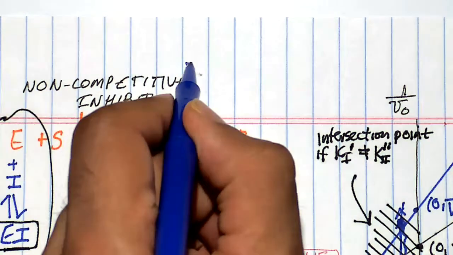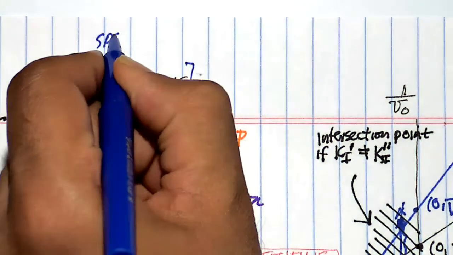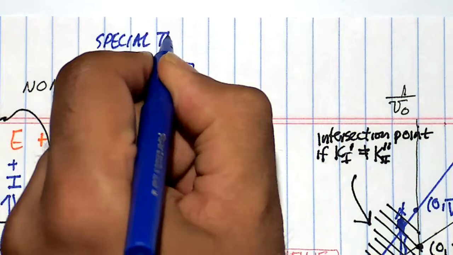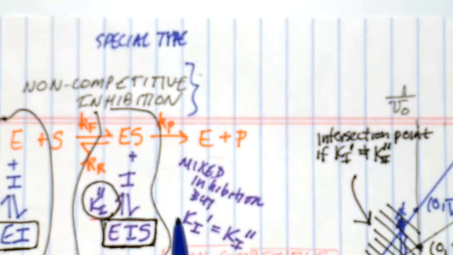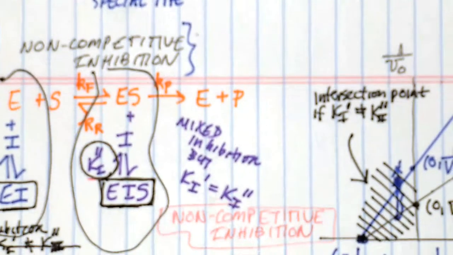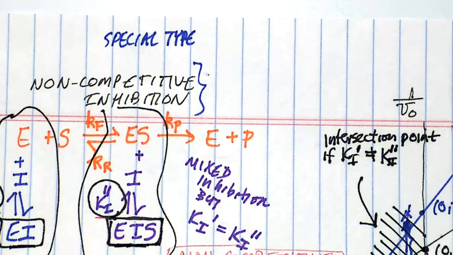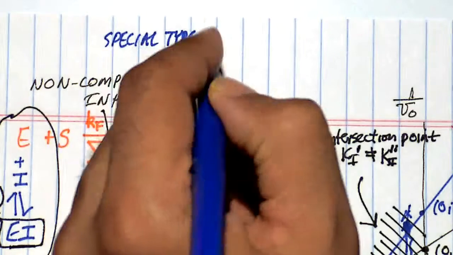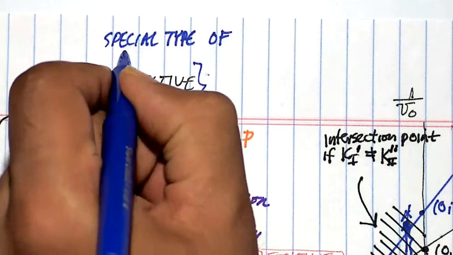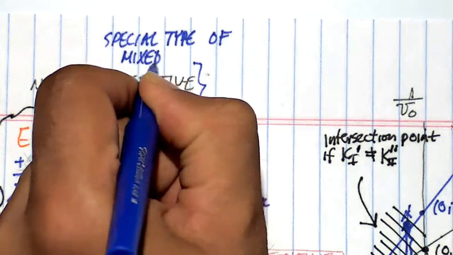I cannot emphasize enough how you need to realize that we are talking about a subset of mixed inhibition, and that's called non-competitive inhibition.